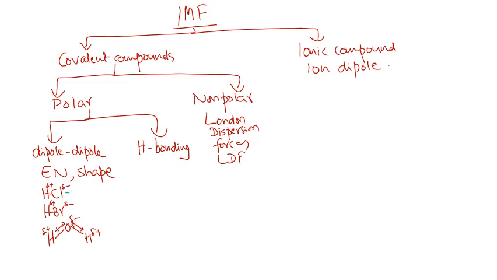A small attraction between the particles. So we will have Cl attracted to hydrogen and Cl minus. It can continue like that, correct? So that is what is called dipole-dipole attraction. So whenever there is electronegativity difference and there will be polarity, go for the dipole-dipole.